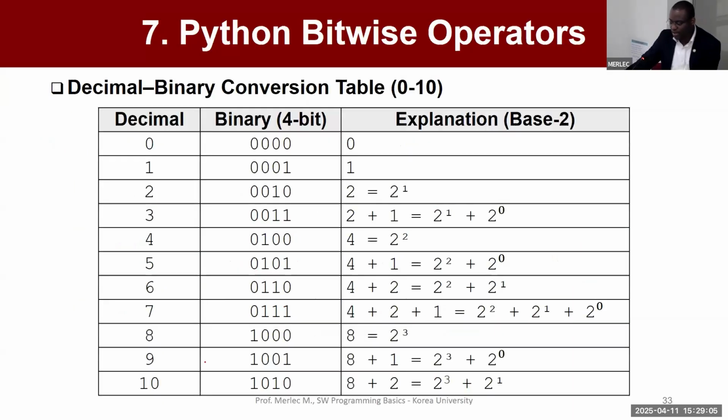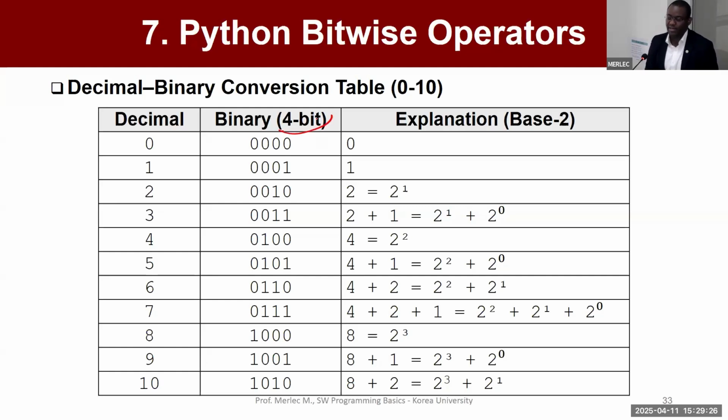This is the way we have learned how to change the base of numerical representation. So I provided a table that gives you the correspondence between decimal numbers and binary numbers using 4 representation digits.